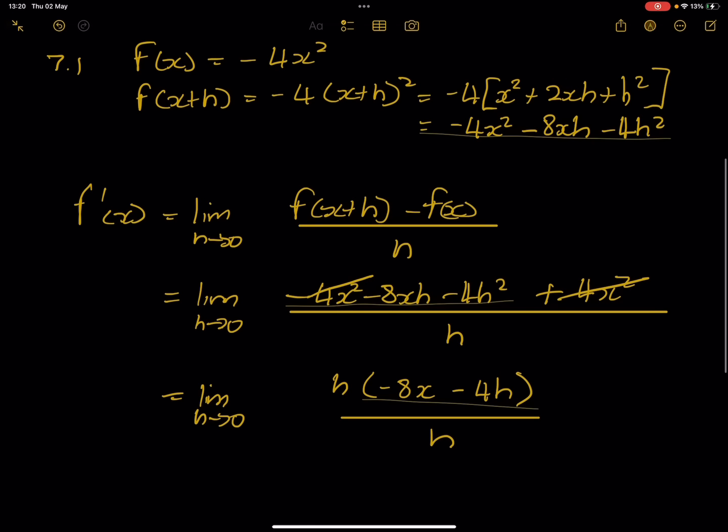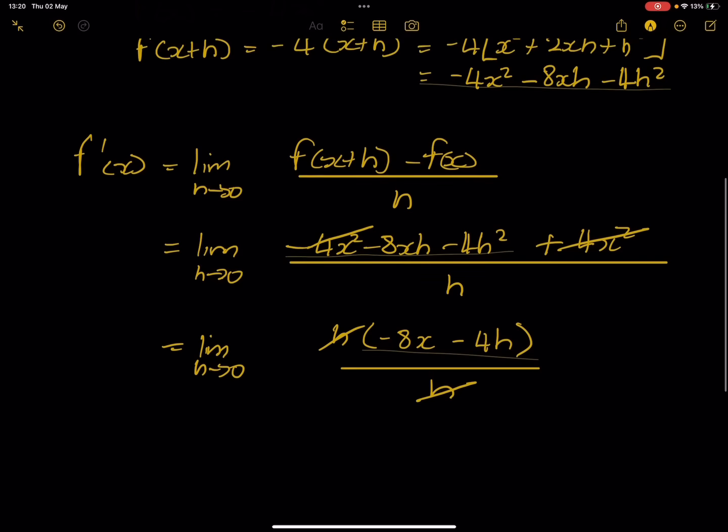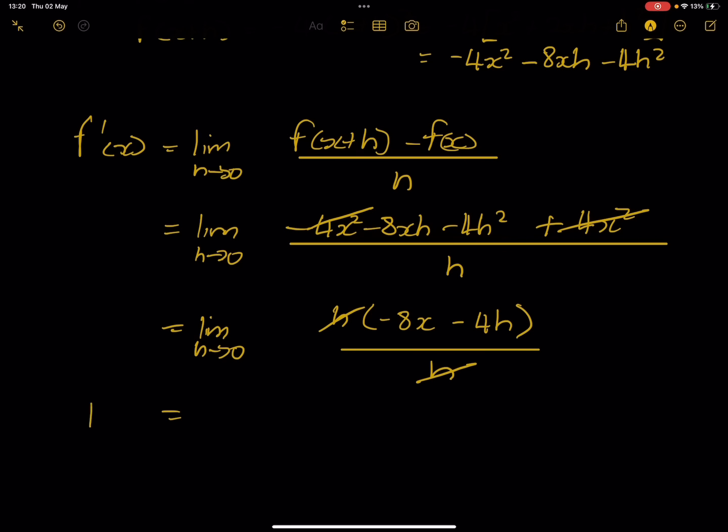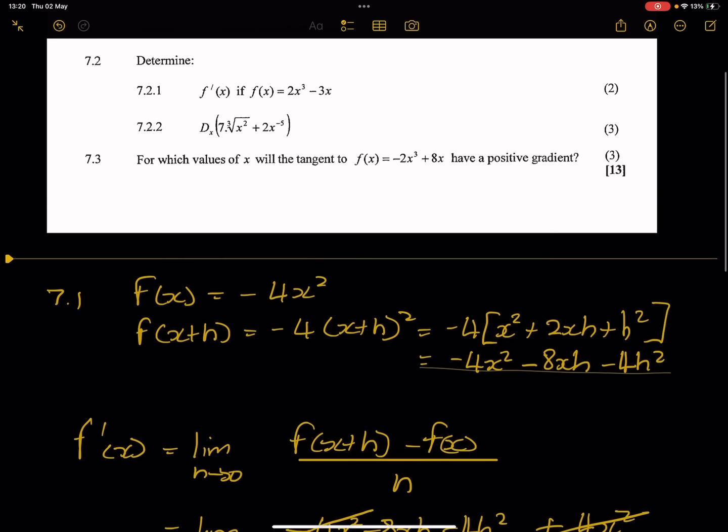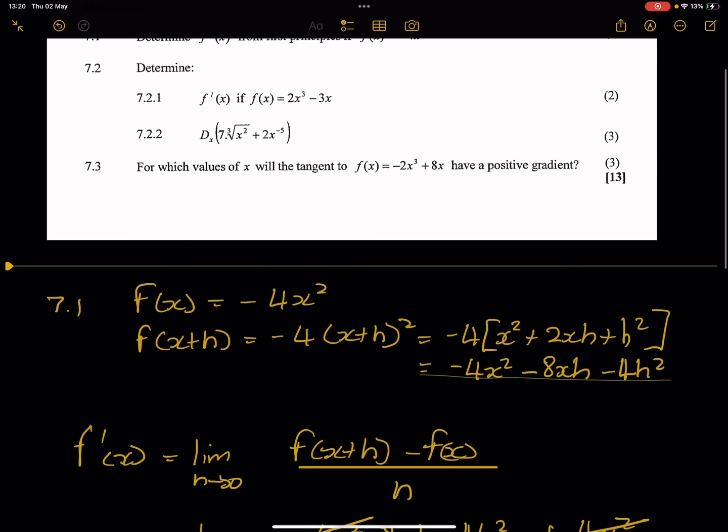So we've got those two cancelling each other, and now we can substitute inside of the equation. So we've got minus 8x minus 4 times 0. And of course, what are we left with? Minus 8x, and that is the derivative. So let's go to the next one.